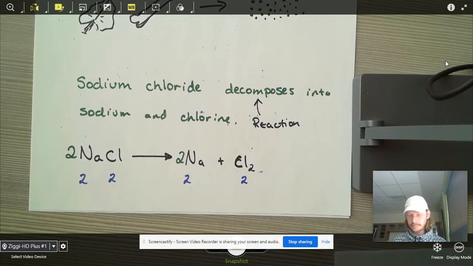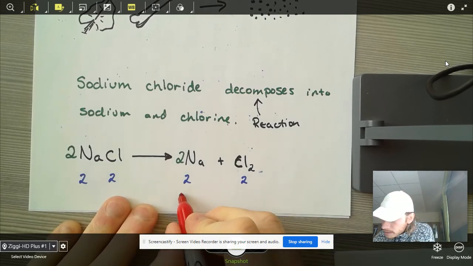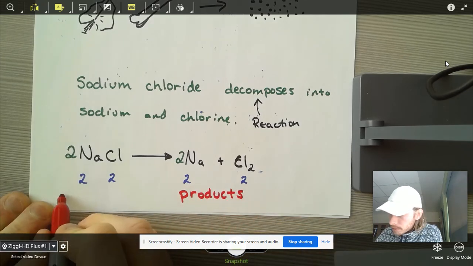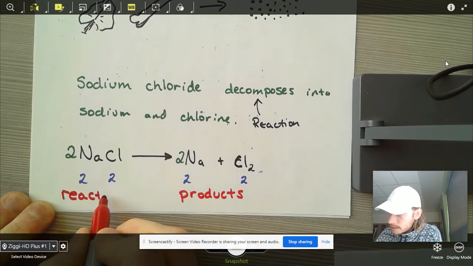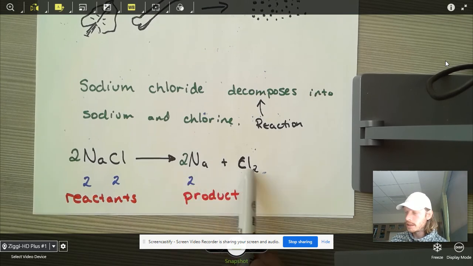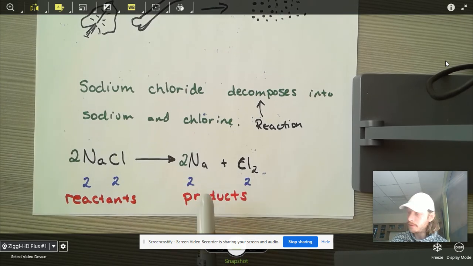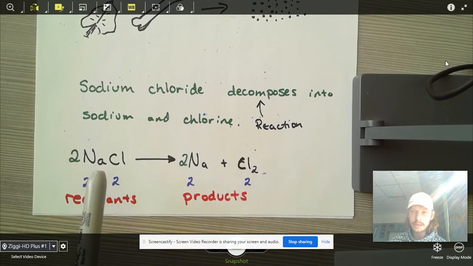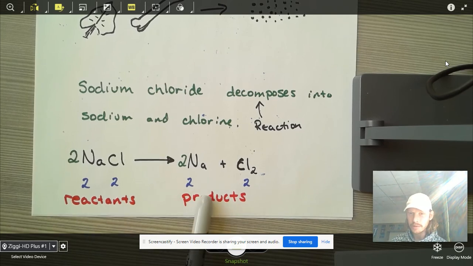After the reaction is always the products, and before is always the reactants. Whatever happens before the reaction, those are the reactants. That's what you're bringing to the reaction. Whatever's produced, that's your products. Before, the compound was the products and the elements were the reactants. Now it's just switched. The reactants are always on the left, the products are always on the right.